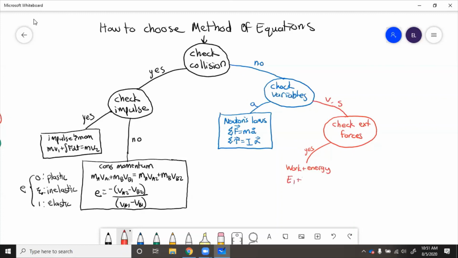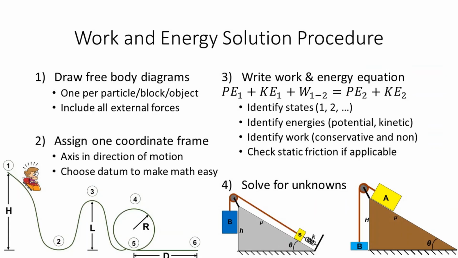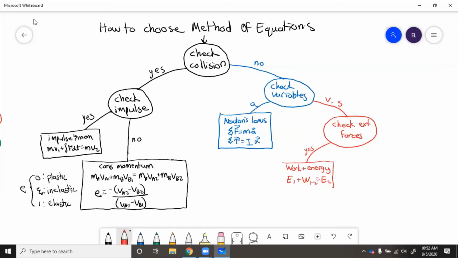Energy at 1 plus work 1 to 2 equals energy at 2. And we just have to remember for this that non-conservative work is less than 0, conservative work is greater than 0.